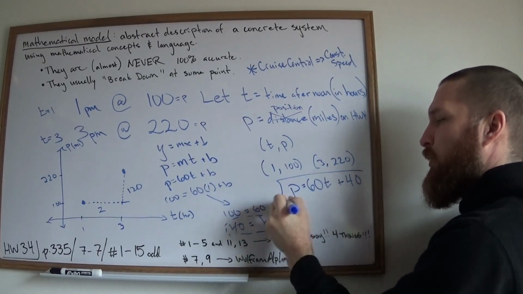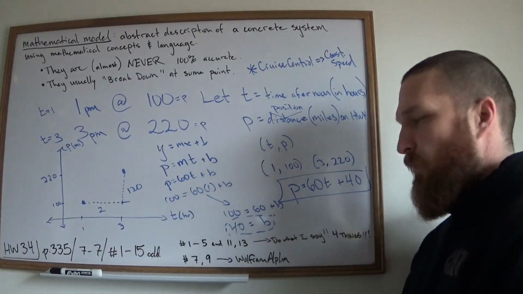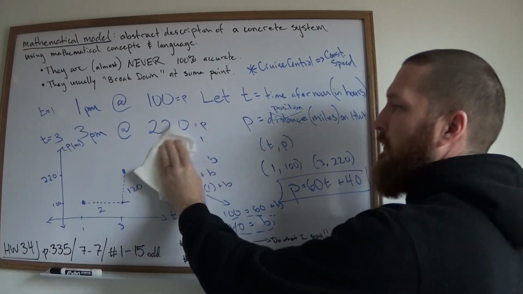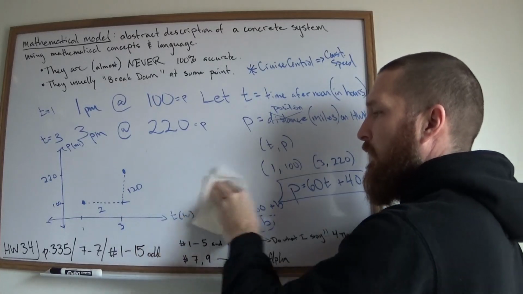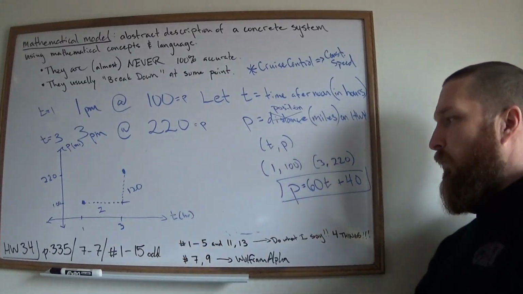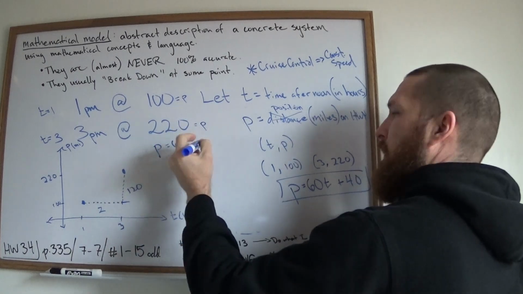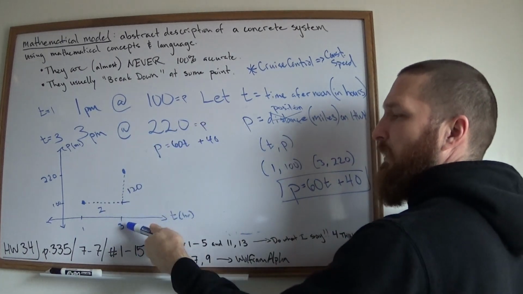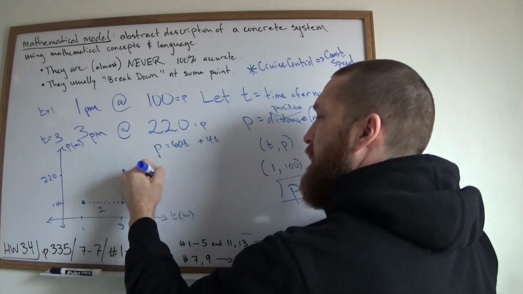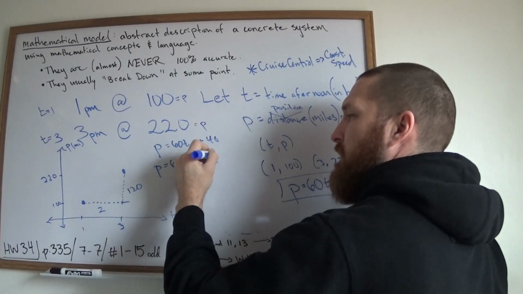Let's check and make sure that when I plug in a 3, I get out a 220. Okay, so there was all the work. Let's just check it with the other point. So when I have my P equals 60t plus 40, it should be the case that when I plug in a 3, I get out a 220. So let's see, P equals, plug in my 3, 60 times 3 plus 40.